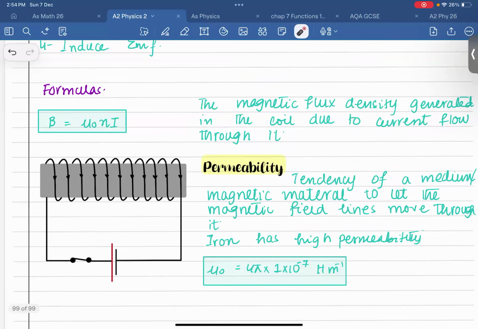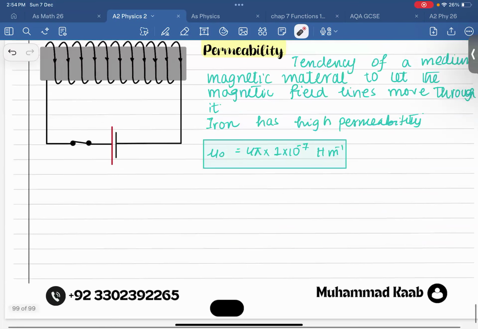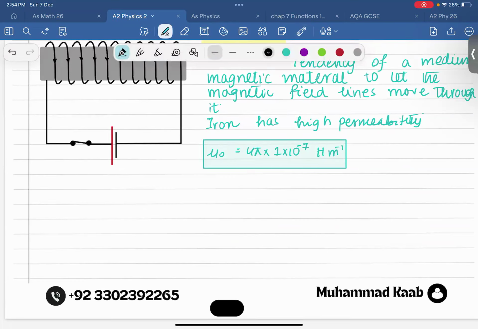This formula basically relates the magnetic field and the current directly. If the graph for the current is given, as I in amps and T in seconds, and the shape of the graph is like that.